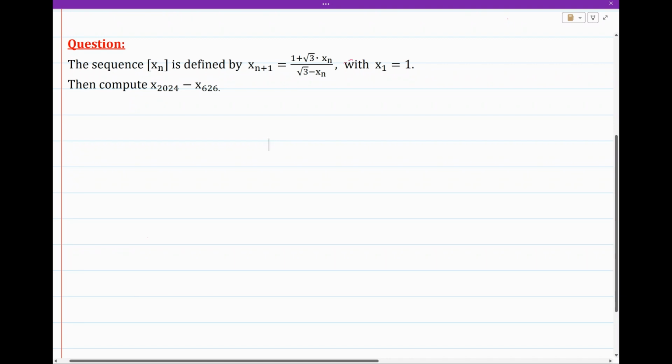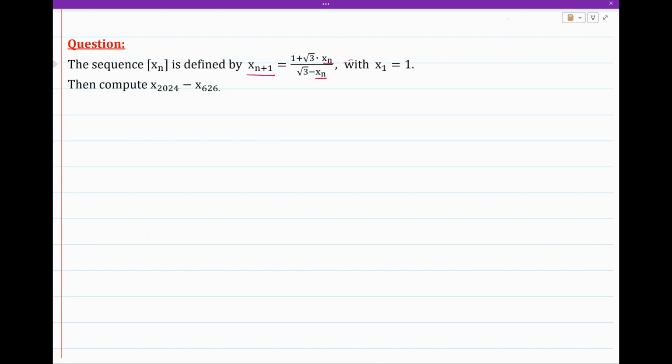From the question, note that the n plus first term is dependent on the nth term. That means every term is dependent upon the previous term.